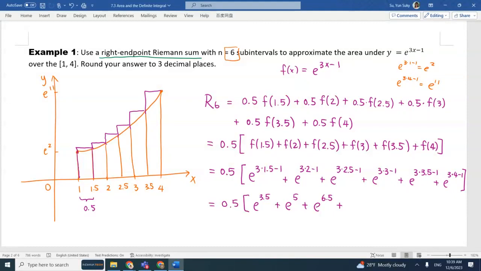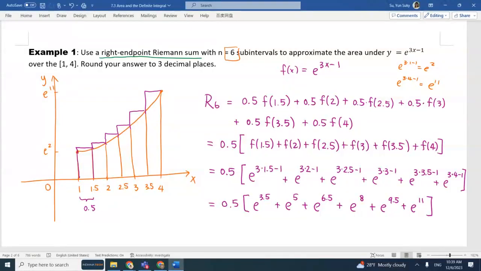Do you see the pattern? 3.5 plus 1.5 is 5. 5 plus 1.5 is 6.5. What's the next number? e to the 8. What's the next number? 9.5. If you see the pattern, then you can make sure you don't miss some points and you can check the calculations easily.